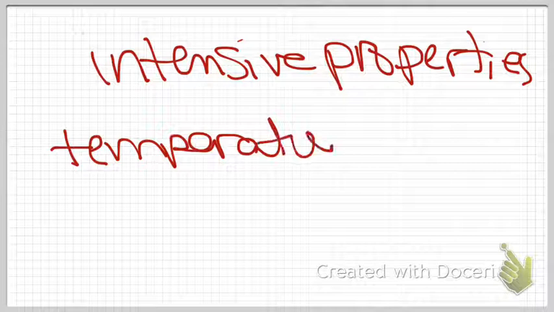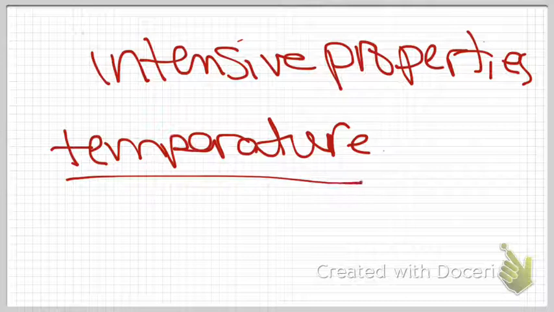I don't know about where you're living right now, but outside right now at my house, it's kind of a dreary day. It's a little misty rain, and it's just not very comfortable. But it does not matter if I'm in a tiny little closet or if I'm in a very vast classroom. The temperature is going to stay the same. So temperature is what we would call an intensive property.